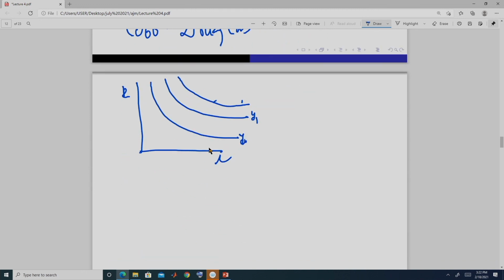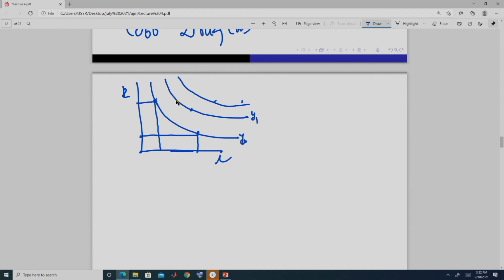So, here what do we see? That we can substitute capital and labor to some degree. Here we are using this much capital and this much labor. Here we are using this much capital and this much labor. If we move from this point to this point, we are reducing the use of capital and increasing the amount of labor.